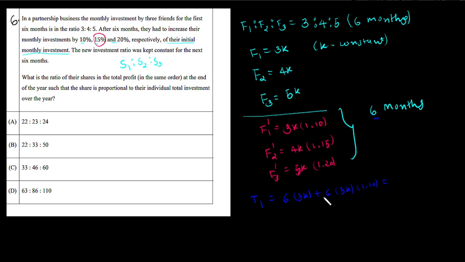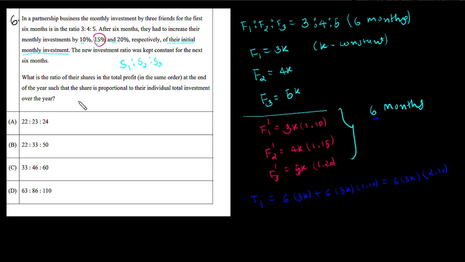Now I can take common this 6 multiplied with 3k. So let's take it outside, so I can say 6 multiplied with 3k, and here in the bracket I end up with 2.10. So now we have got the total investment from this first friend in this term.